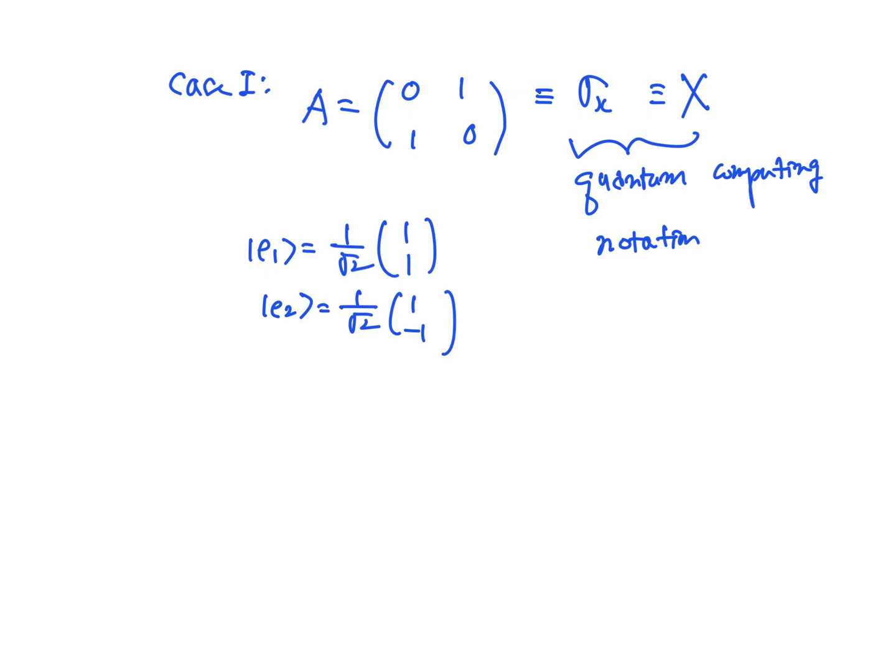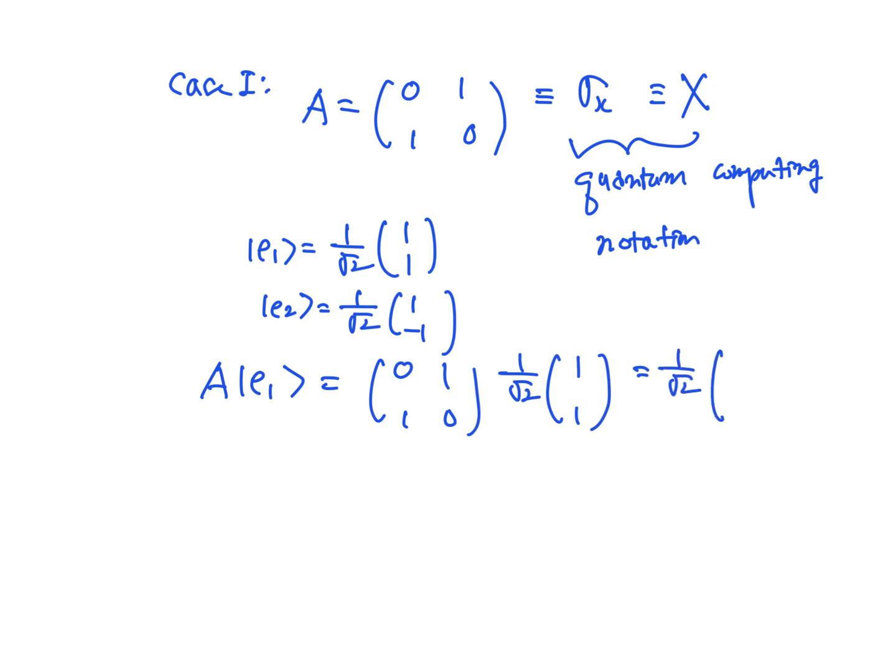Let's check what A times E1 is. [0, 1; 1, 0] times 1 over square root of 2 times [1, 1] becomes 1 over square root of 2 times [1, 1], which is E1.